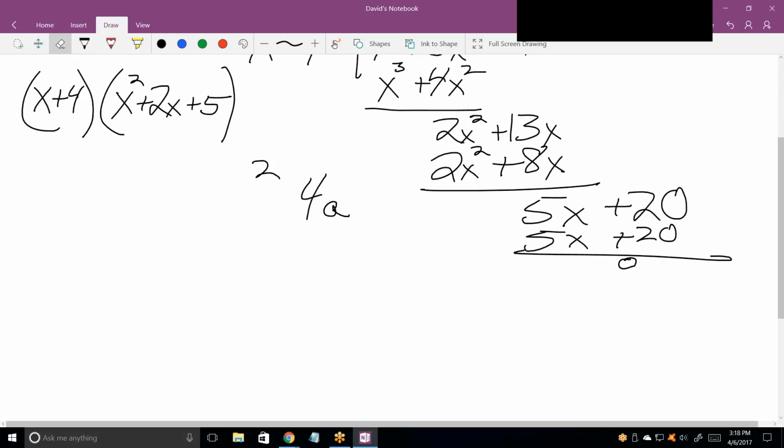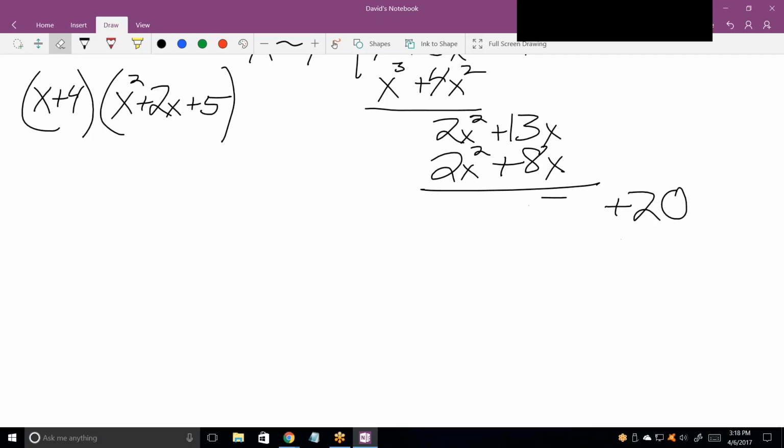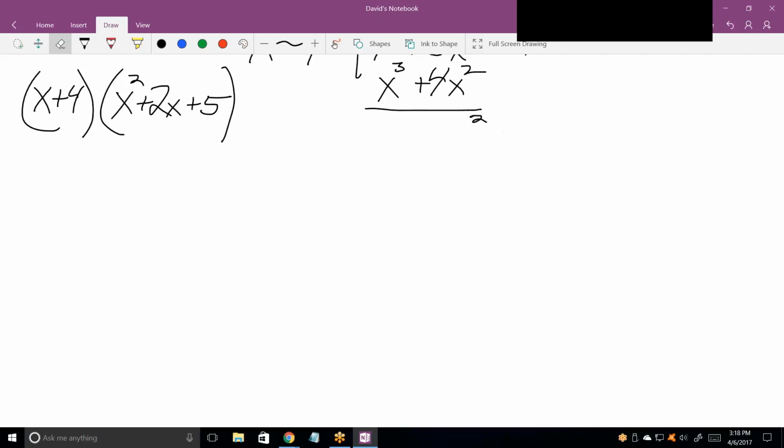And now there's a few standards in math here, and one of them is that when you're finding all of the factors of a higher degree polynomial, you get all of the linear factors and irreducible quadratics. That is what that is, an irreducible quadratic. I can factor it, but it's going to be complex factors.